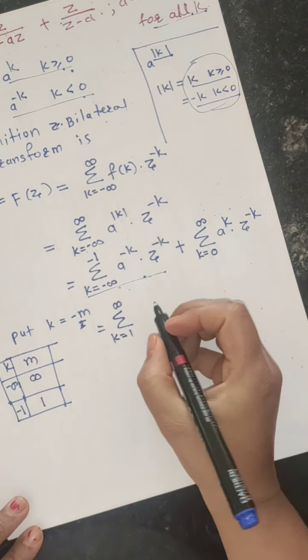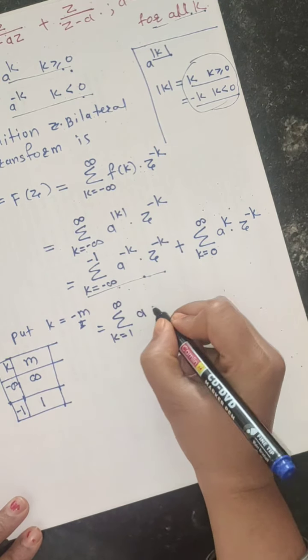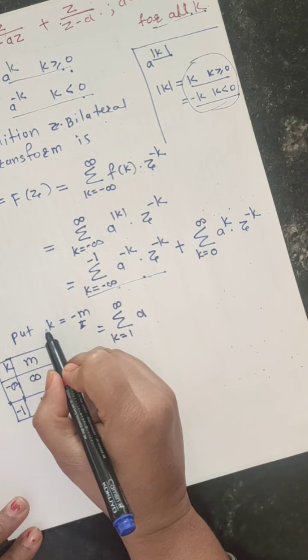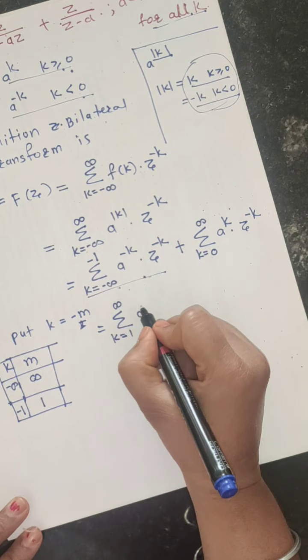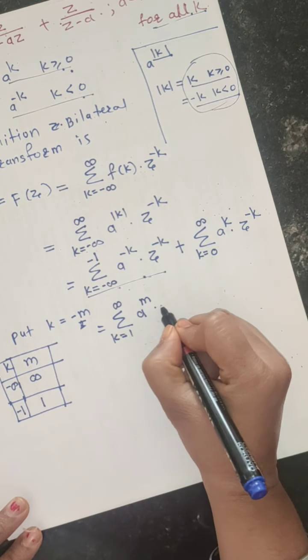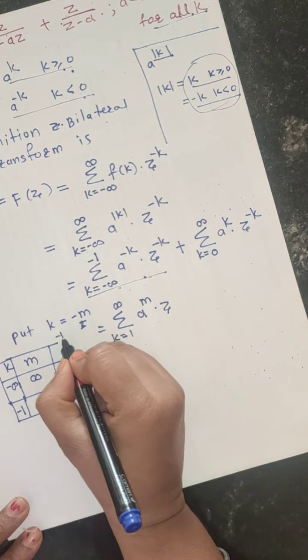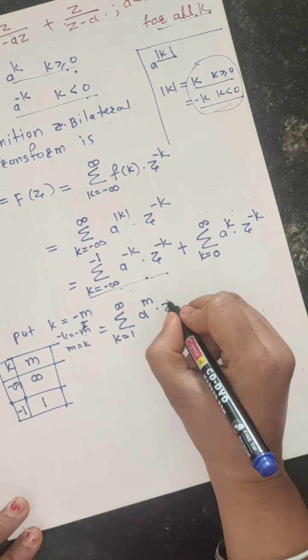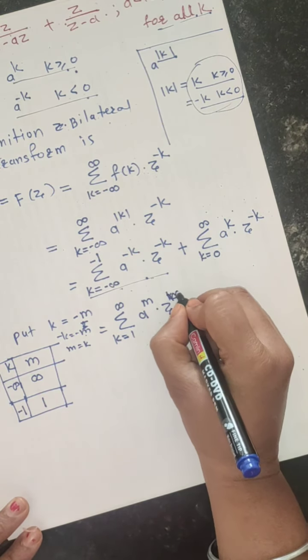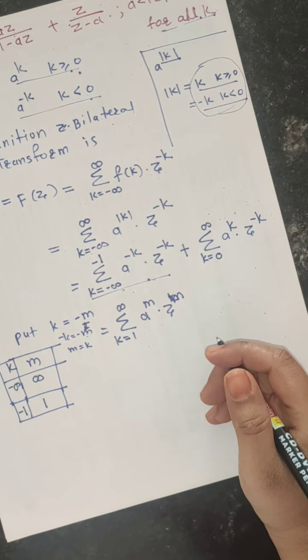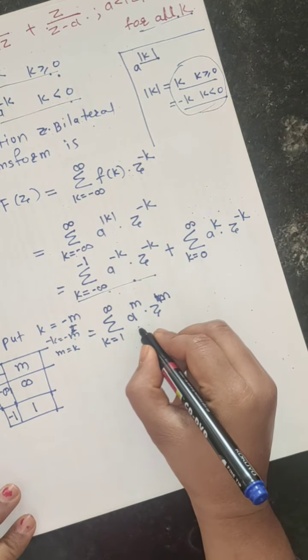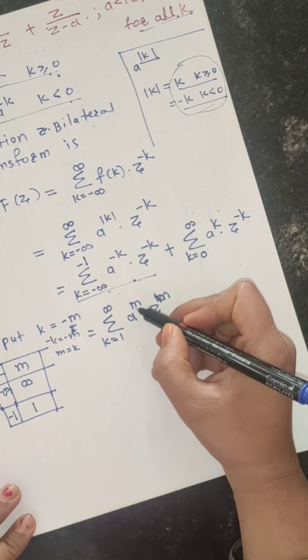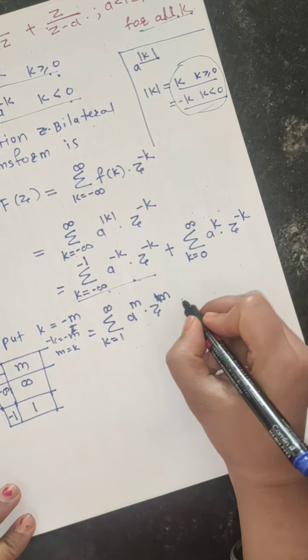Correct? Let's put the value of k. A raised to minus k with k equal to minus m gives a raised to m, and z raised to minus k gives z raised to m. So we get a raised to m into z raised to m.